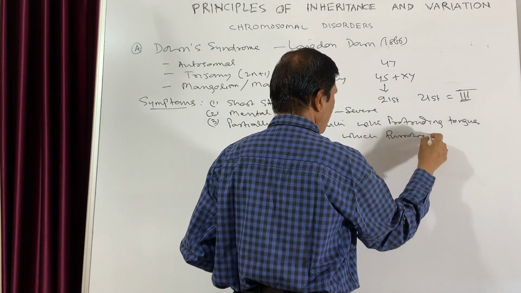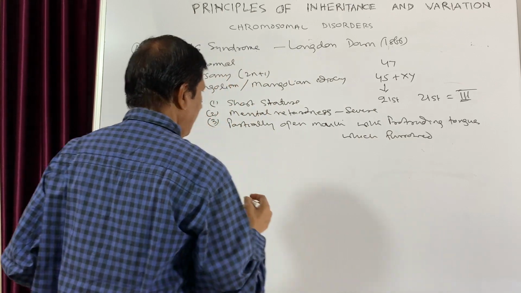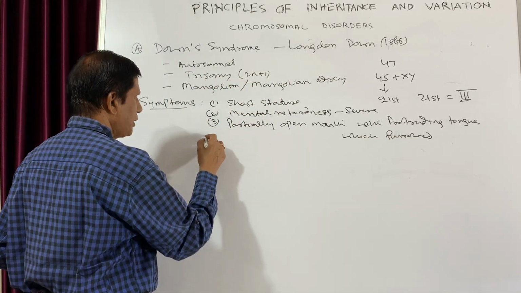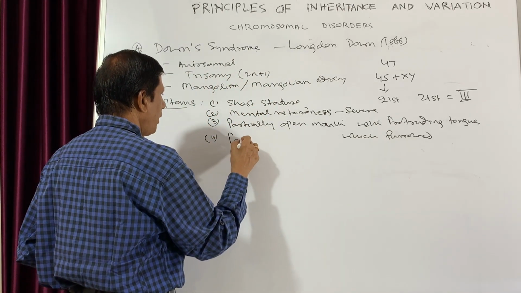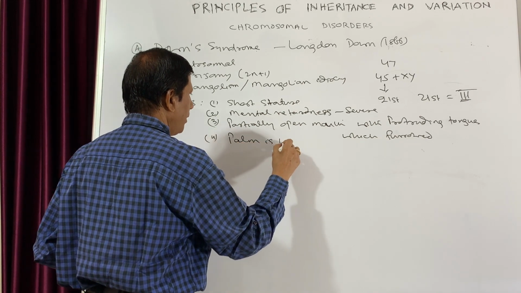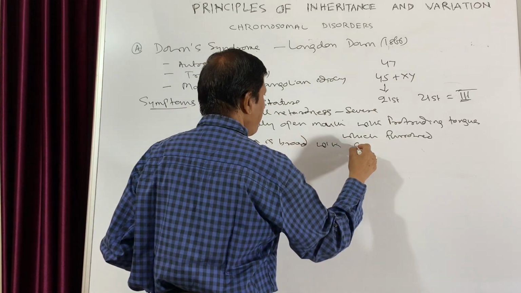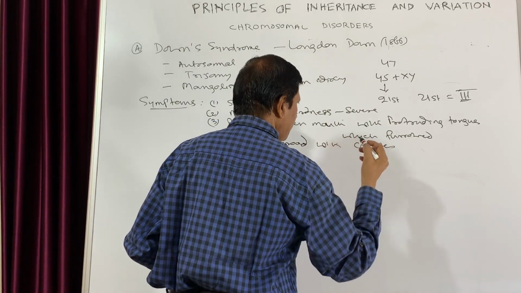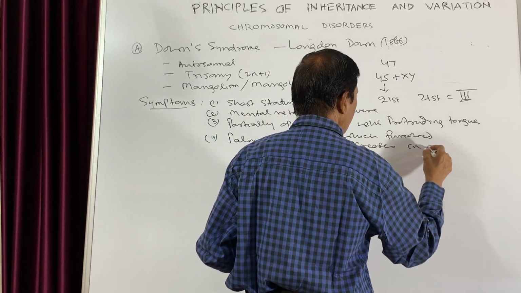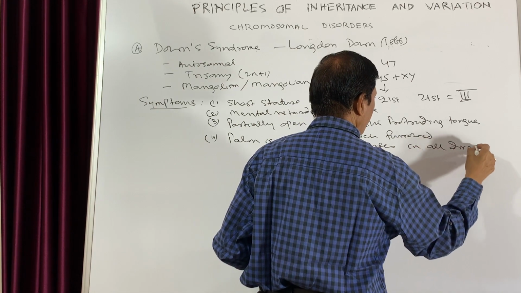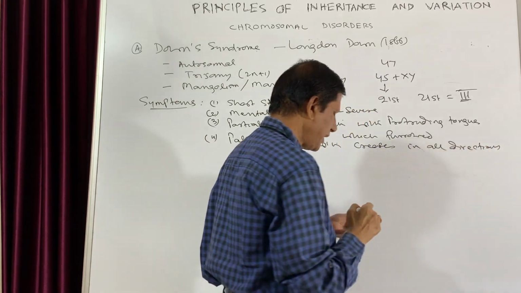Then another important point is the palm is broad with creases in all directions. So what is the meaning of this?